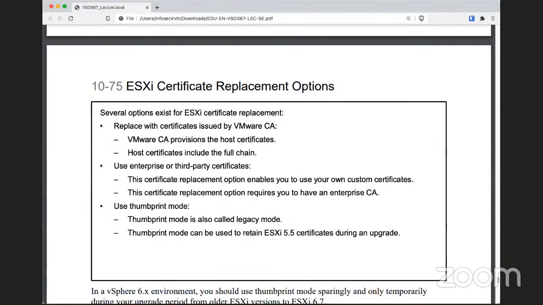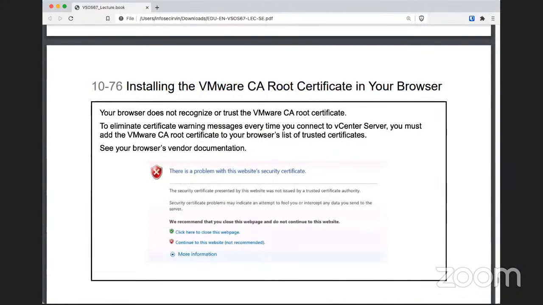Replacement options, because certs should be replaced regularly. You can use thumbprint mode, enterprise or third-party certificates, or use the CA. Again, the default one that's created is normally not trusted by browsers.